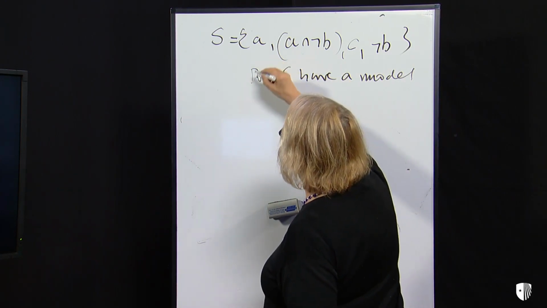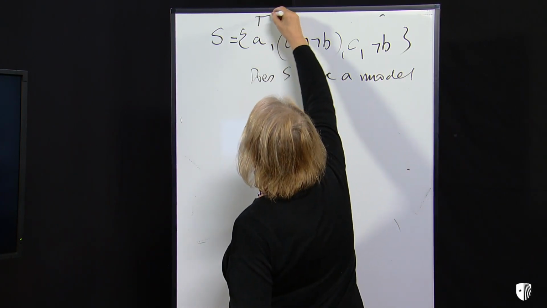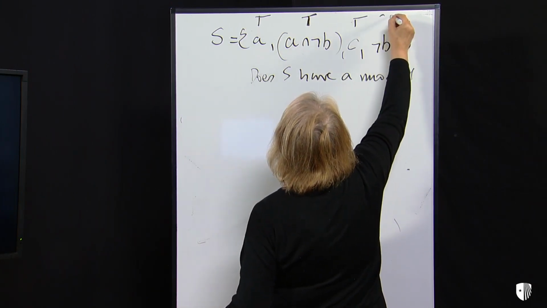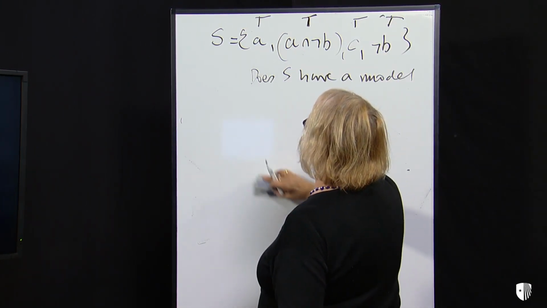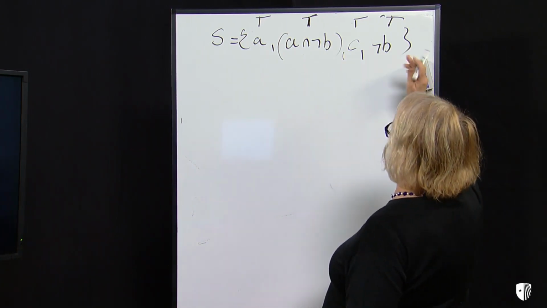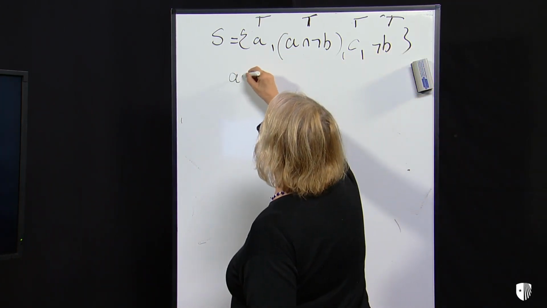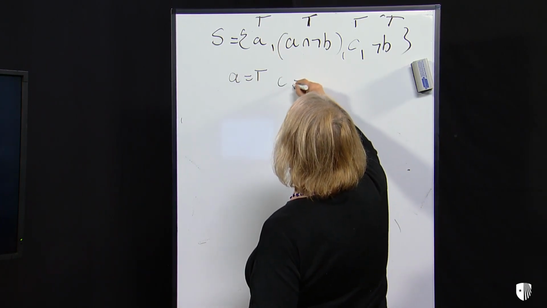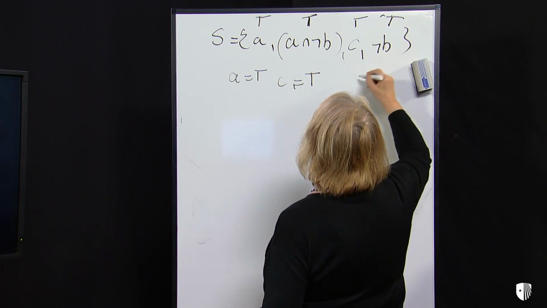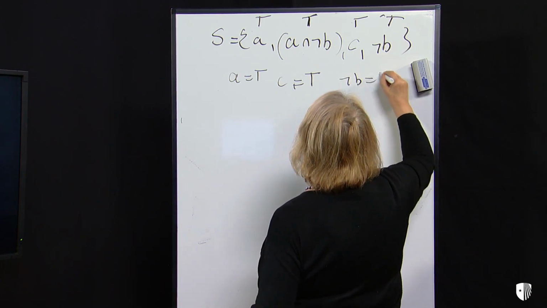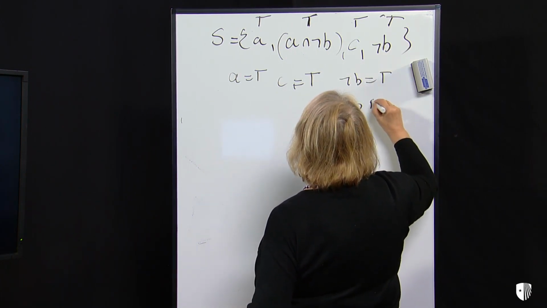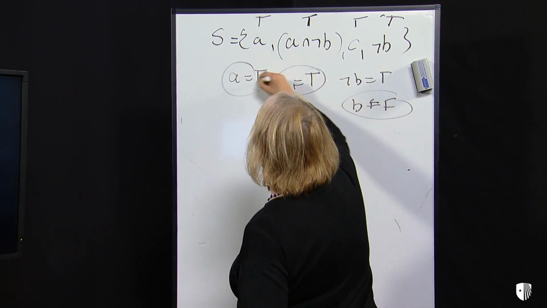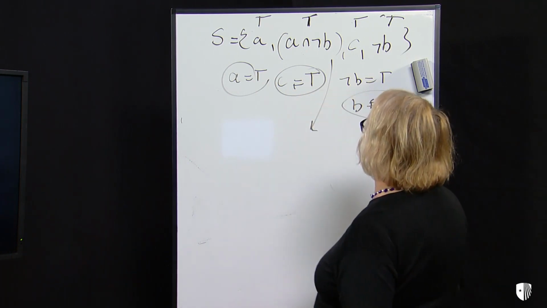So what does it mean? I have to put all pieces of the formula. Is it possible to put all in T? If it existed, I would have to have A must be T, C must be T, not B must be T. It means B must be F. So I have this, and now I check what happens with this formula.